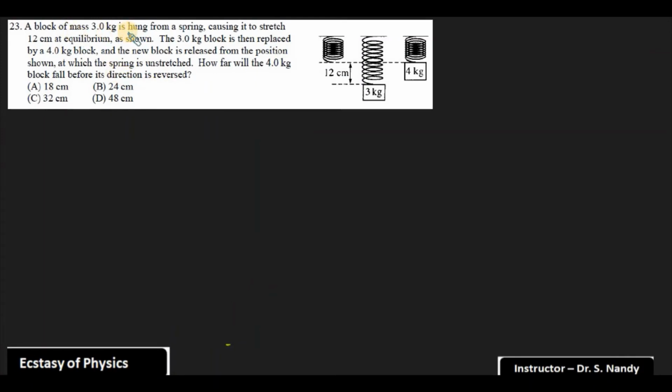A block of mass 3 kg is hung from a spring, causing it to stretch 12 cm at equilibrium as shown. So here the mass is 3 kg, which is hanging, and 12 centimeter is the stretch. From there we can find the spring constant.